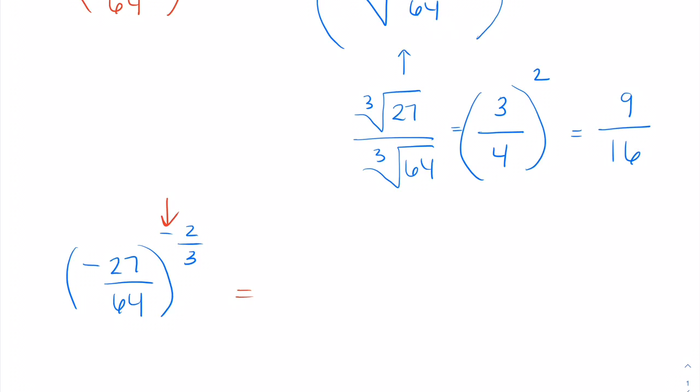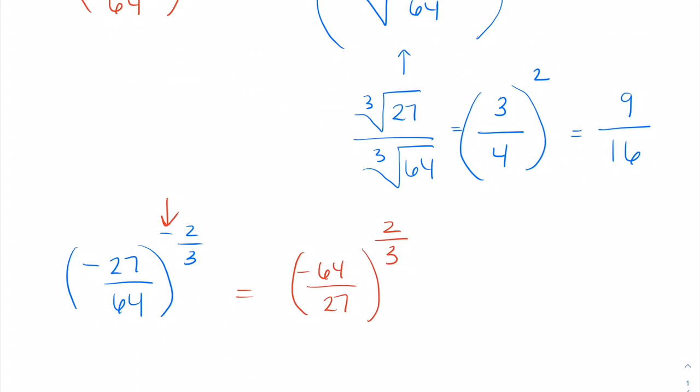The way you do that is you take whatever you're raising to that negative exponent and you flip it. Use the reciprocal. So I'm going to flip that, becomes negative 64 over 27. And when I take the reciprocal, the exponent becomes positive.